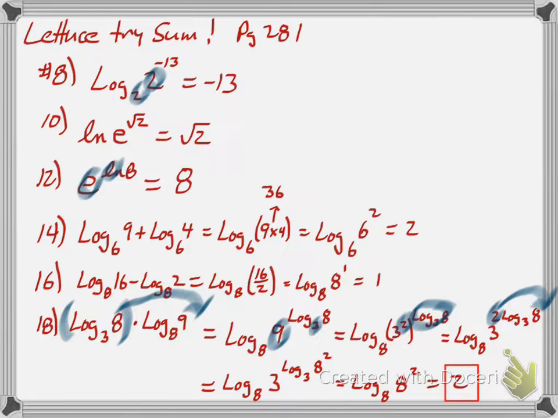What happened here? Well, this guy and this guy are inverses. So that's how these two things go away, and I get log base 8, 8 squared. Well, this guy and this guy are inverses, logarithmic of an exponential function with the same base. And then that's how I end up with the 2.